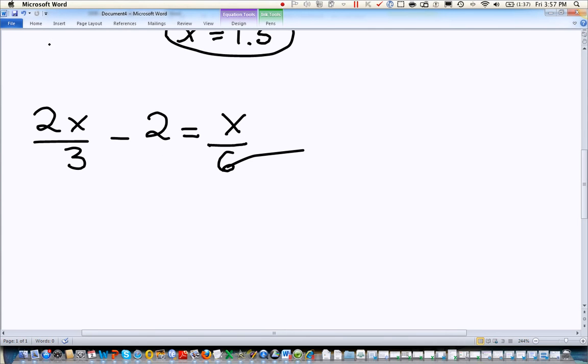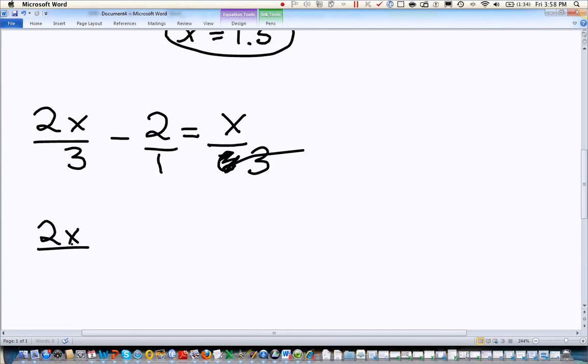What I like to do is find a common denominator. You notice we actually have 3's on both of these fractions, so we're almost all the way there. The only thing I need is a 3 on the bottom of this other one. Since it is not a fraction, it's really a 1 there.